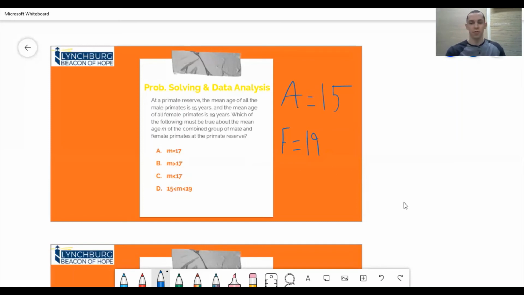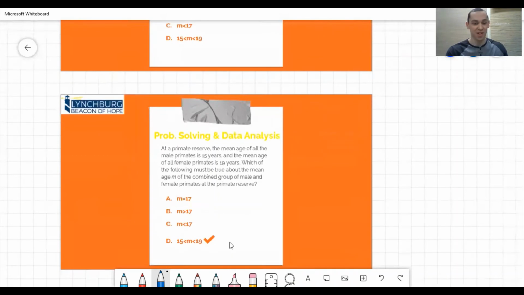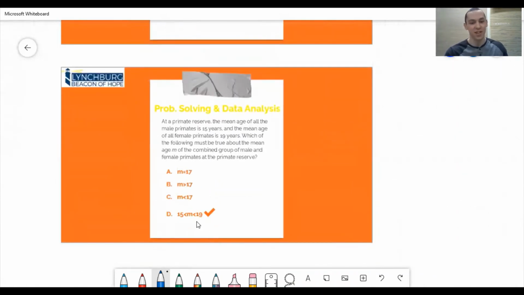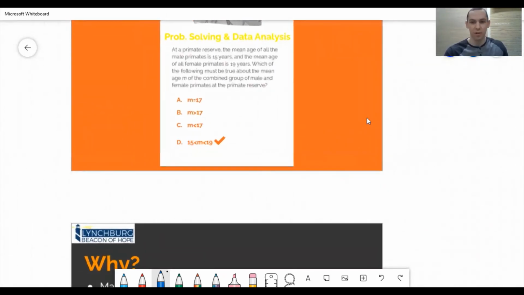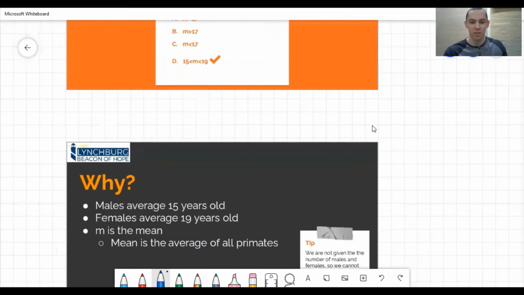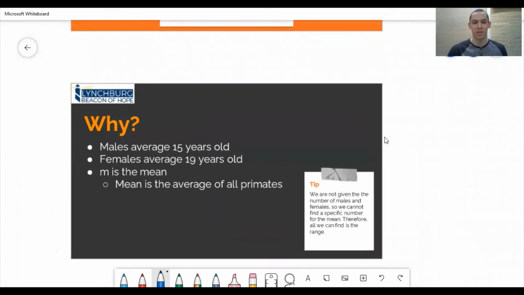So we're going to scroll to the next slide. And if I did all that right, it looks like I did, we do get this correct answer: 15 is less than the mean, which is less than 19. And again, this goes through most of what I mentioned earlier in the video. Our average for the males was 15 years old, our average for the females was 19.